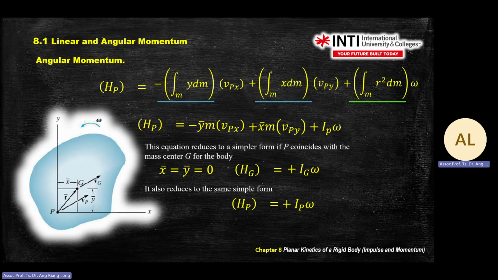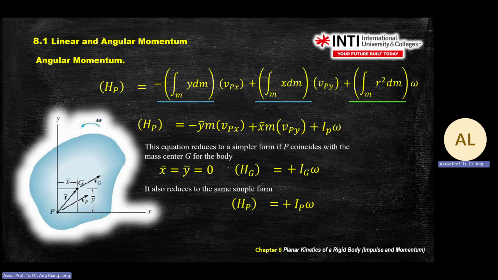So what is important is that when you want to find the moment of linear momentum on the body, and the point of interest is on the center of mass, you need to find I omega.